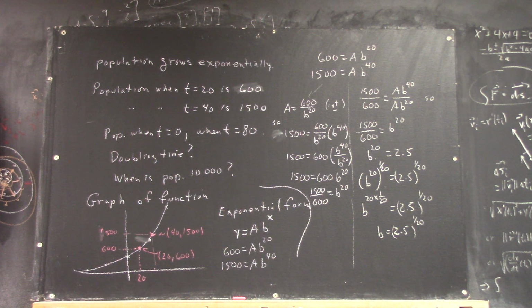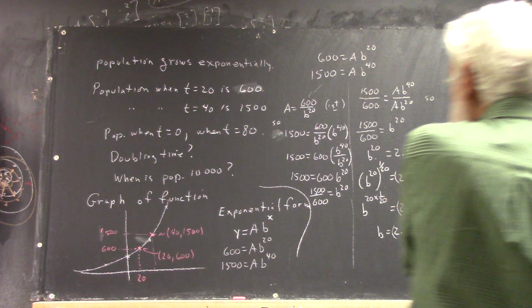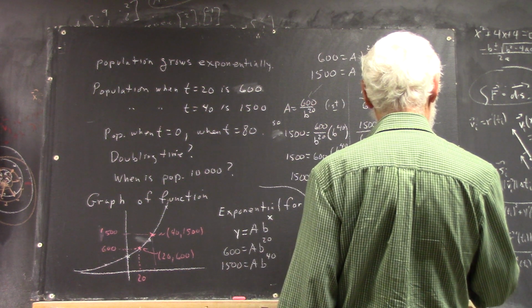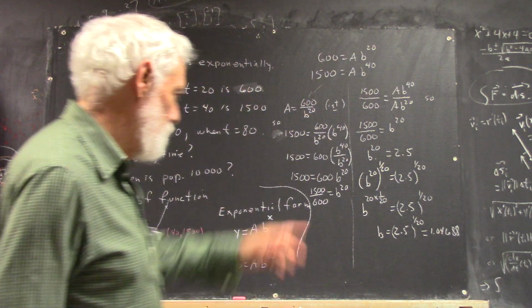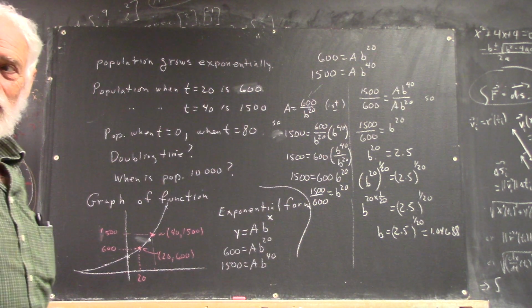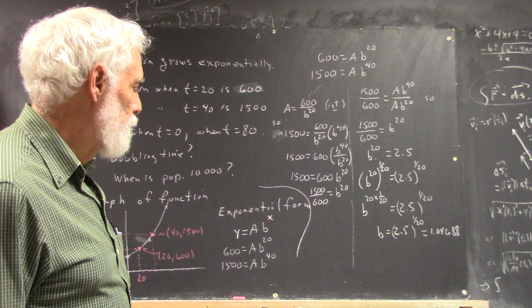Okay, let's see. We got 2.5 raised to the 0.05 power. So the exponent button is here. Worst case scenario, couldn't you just take 2.5 divided by 20 and then multiply that by 2.5? 1.04688, we'll go that way. I could have estimated that. Okay, no, I mean, not that many significant figures. Just wasn't thinking. Anyhow, we got that.